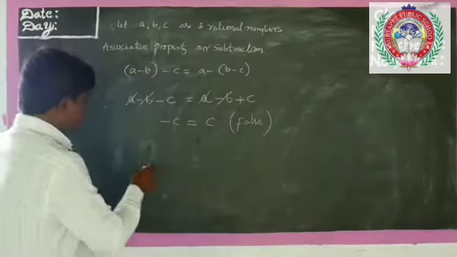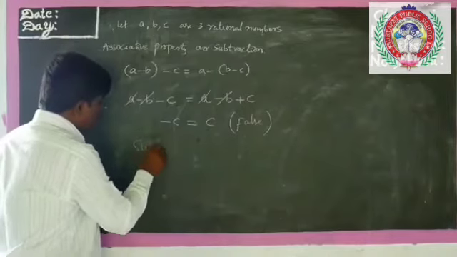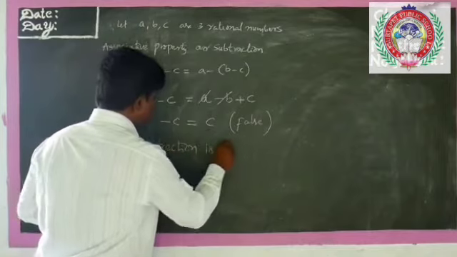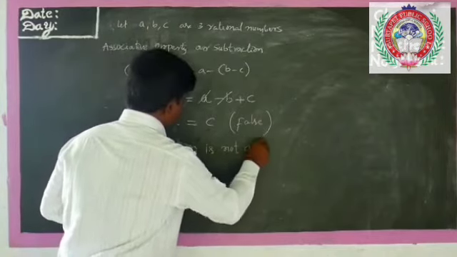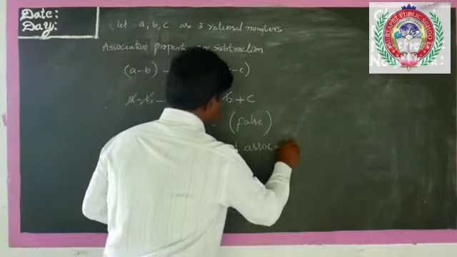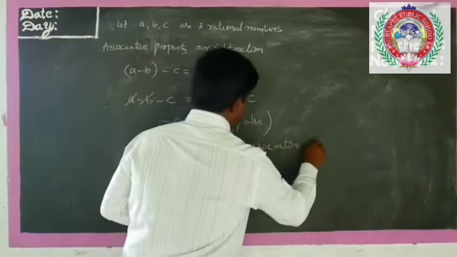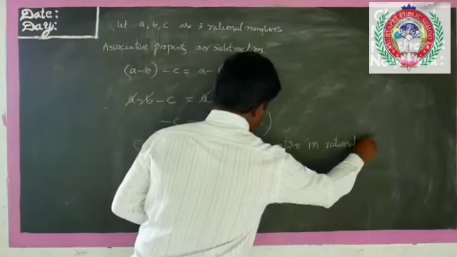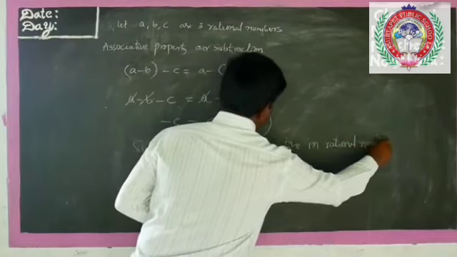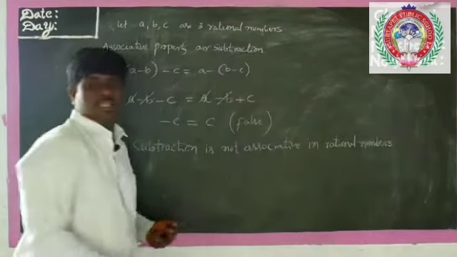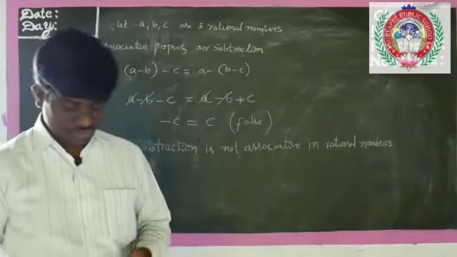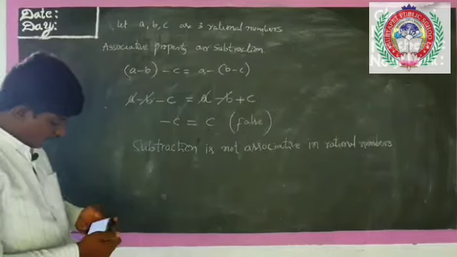So we can say that subtraction is not associative in rational numbers. In the rational numbers set, subtraction does not satisfy the associative property. Okay, that's all about problem number 11.